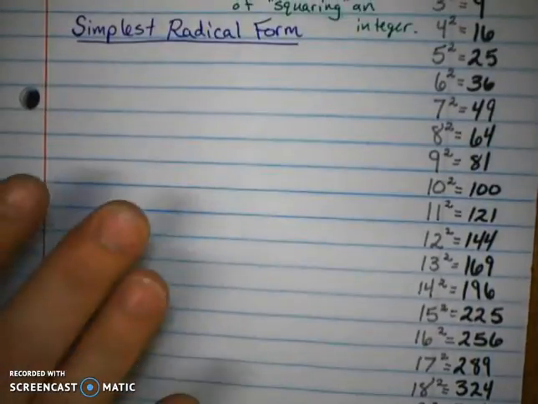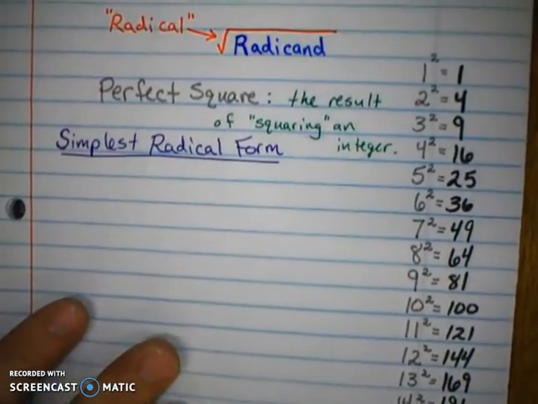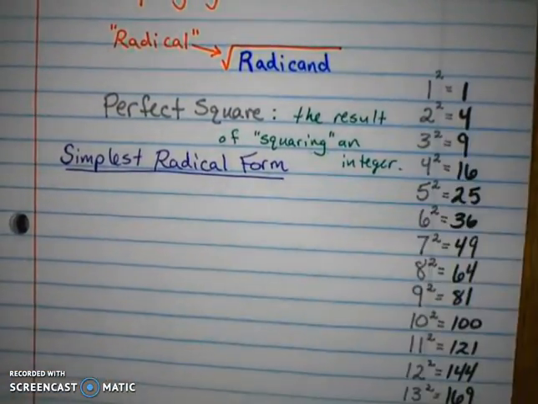These are your first 20 perfect squares, and we can continue on with that list if we ever needed to, but for our purposes today, that's what we need to make sure we understand. So when I get these answers over here, these are my perfect squares.